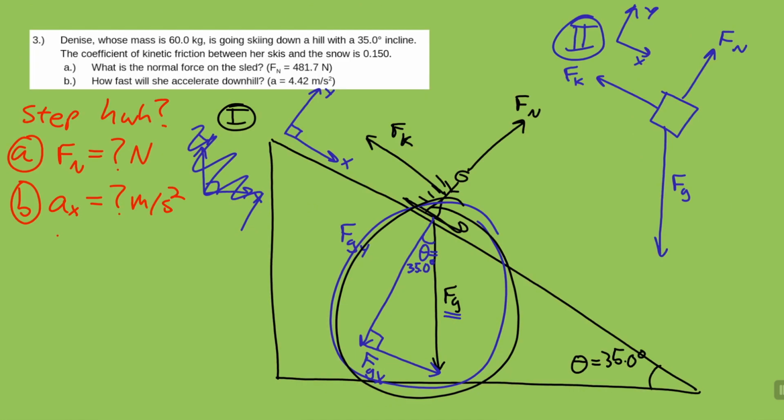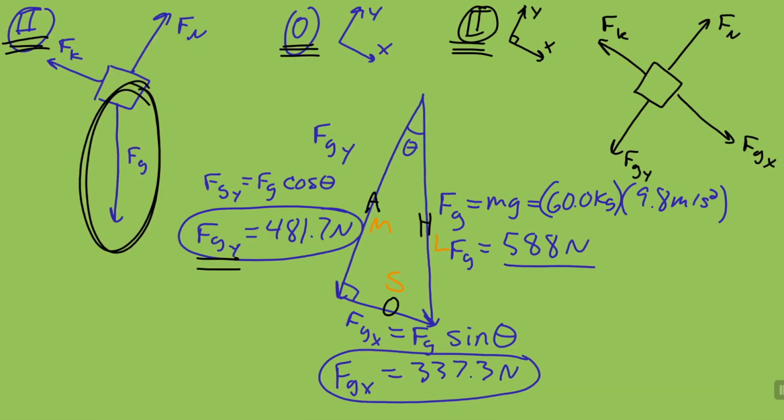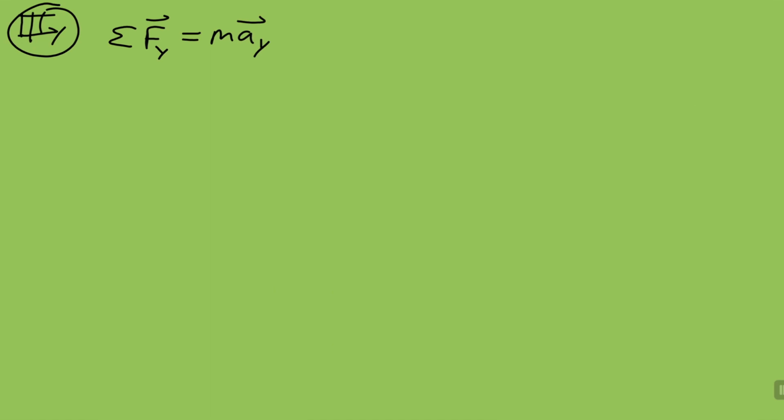And remember that our new y direction is this one. Y now means out of the hill. So if we're thinking, what is a sub y? How quickly is Denise accelerating out of the hill? She's not. She's not flying off into the air, and she's not flying into the hill either. So what that means, just like in the other problems we've done, a sub y is going to be 0. So our whole right side is going to end up being 0.